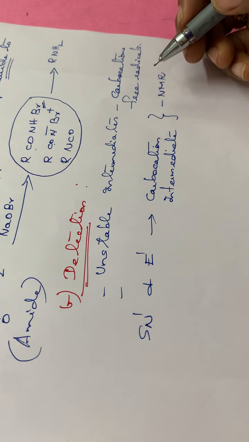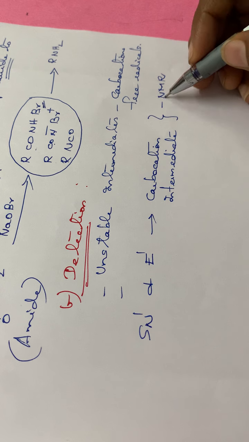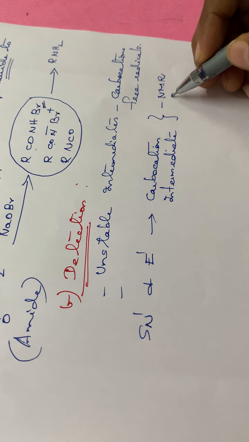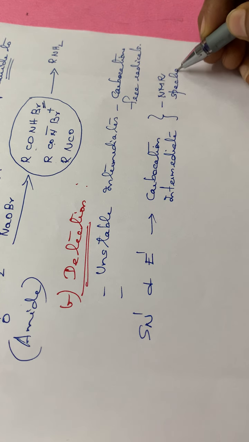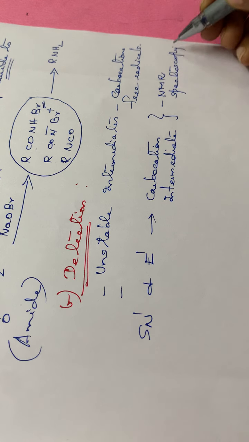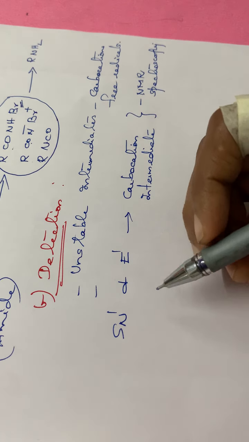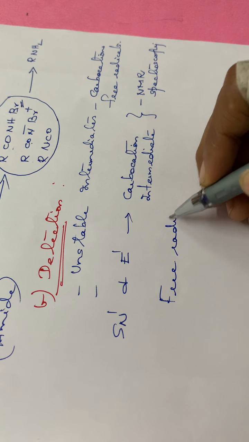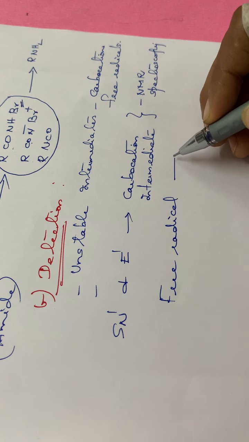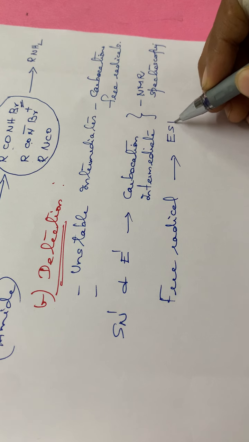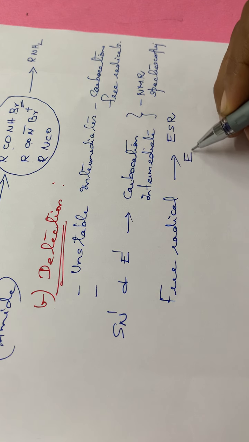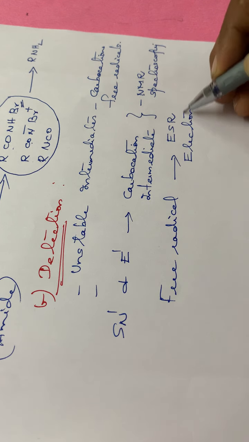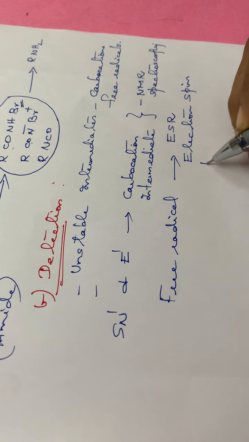Okay, NMR spectroscopy. It will be detected by using nuclear magnetic resonance spectroscopy. Carbocations are identified by NMR. Then also free radicals. Free radicals will be there in some reactions. So these free radicals are identified by ESR spectroscopy, that is electron spin resonance spectroscopy.